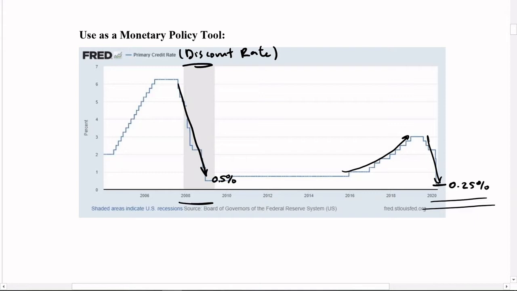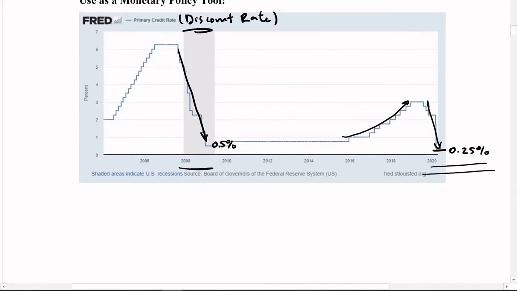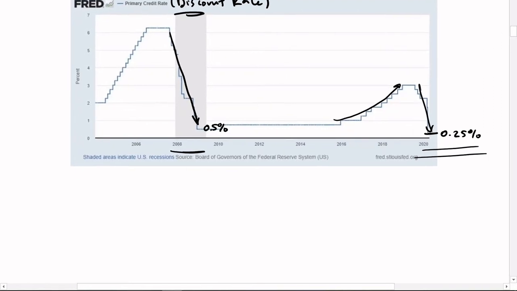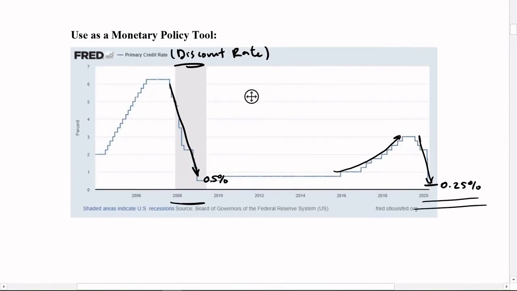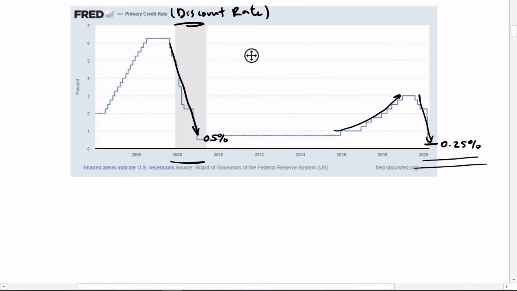A lot of records being set in the financial markets with bond yields and monetary policy targets. So that's where we're sitting with the discount rate. Again, a direct impact on the interest rates, discount rate directly set by the Federal Reserve.